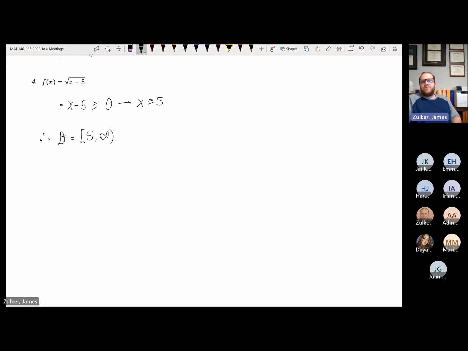So the domain is the half closed interval 5 to infinity. Or in set notation, that's correct. The bracket means that that endpoint is included.